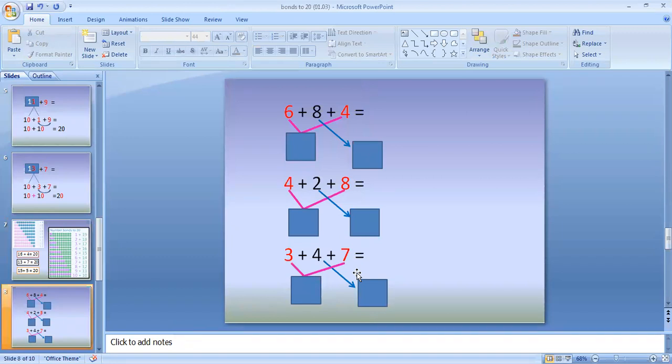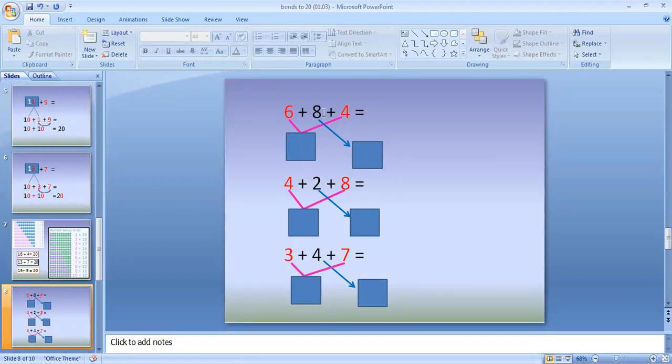Now look at this. This is a separate concept. So please listen and watch what I am doing, right? Here also it says add these numbers. This is addition. Here the symbol is there. It says 6 plus 8 plus 4 is equal to. Here they are asking us to find the answer.